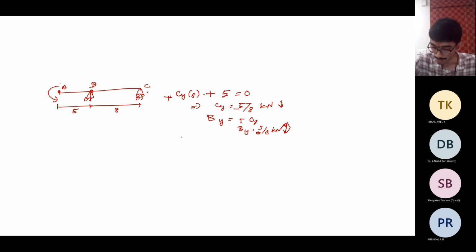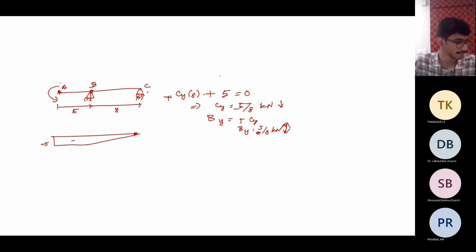At this point, if you draw the bending moment diagram, you get minus 5. And the point C is a hinged point, so it has to have 0. So this is the first part.